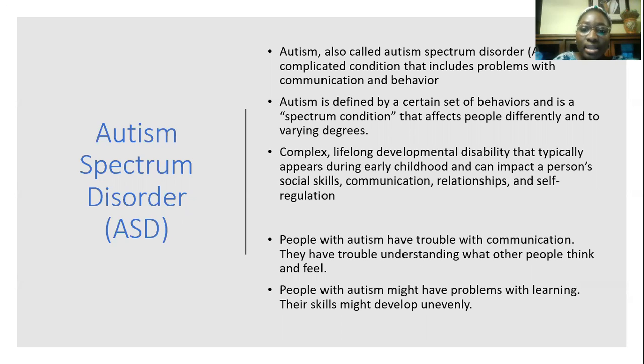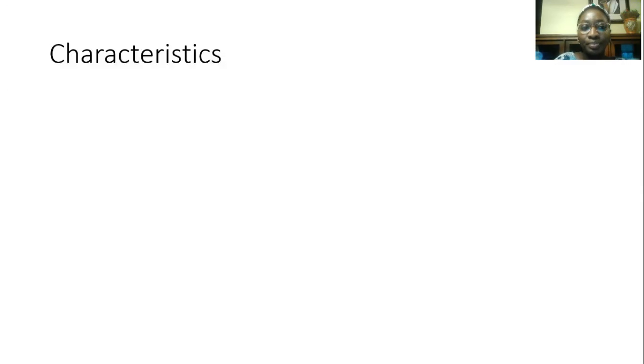It's a complex lifelong developmental disability that appears during early childhood, and it can impact a person's social skills, communication, relationships, and self-regulation. People with autism have trouble with communication. They have trouble understanding what other people think or how they feel. And they also might have problems with learning because their skills might develop unevenly.